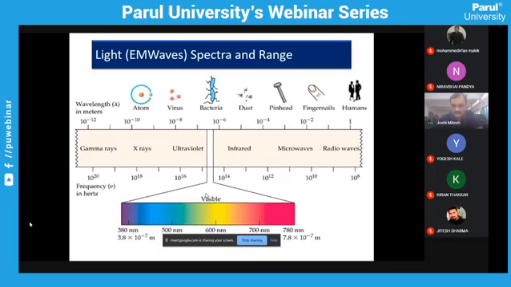Below that range we cannot see, and above that range also we cannot see. So the size of the material below what our normal eyes can see has to be studied by means of some other things. You can use ultraviolet, you can use X-rays, you can use gamma rays, but it has some difficulties.